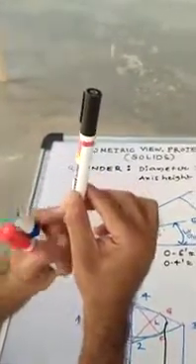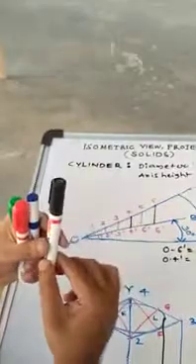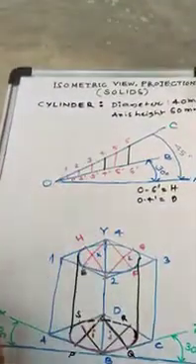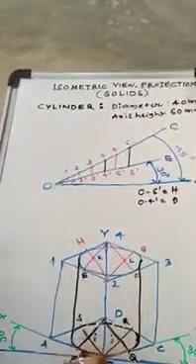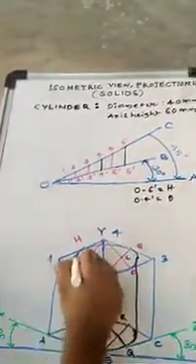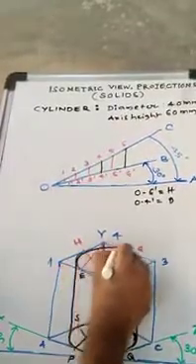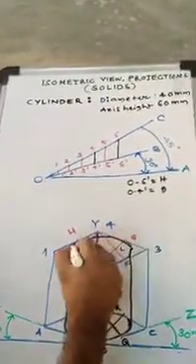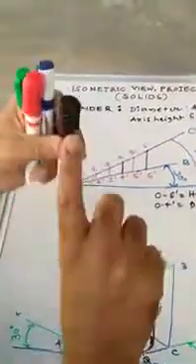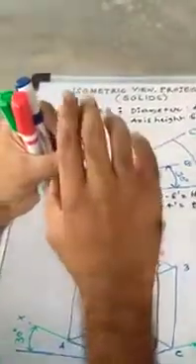Not visible. Therefore it is going to be a dotted line. Understood? Got my point? So this portion is going to be thick, this portion is going to be dotted, and the top in the front is completely visible.